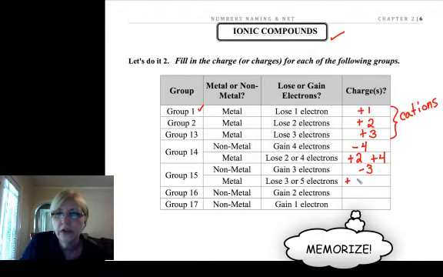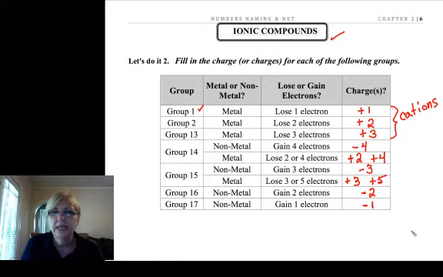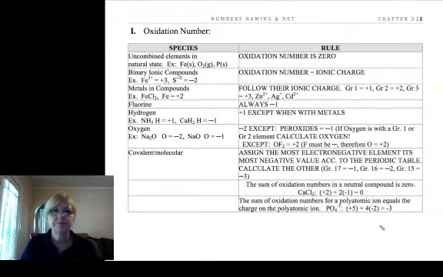Metals lose either 3 electrons to become +3 or 5 electrons to be +5. Nonmetals in group 16 gain 2 electrons. Nonmetals in group 17 gain 1 electron. And that's to become anions. We're going to see for many of these there are other possibilities, but this is what they're going to do to become ions in ionic compounds.